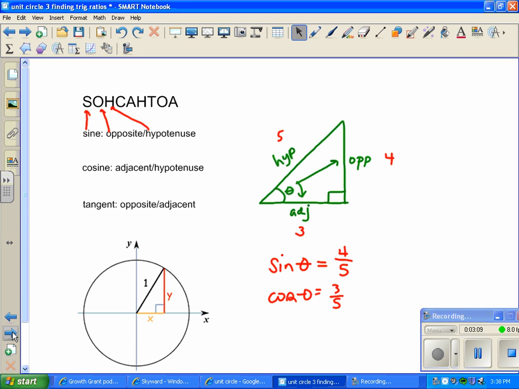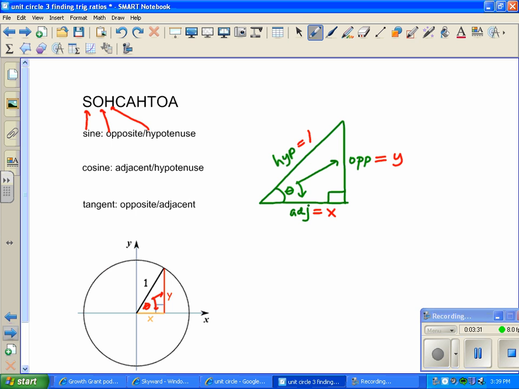Okay, now on the unit circle, our hypotenuse length is equal to 1. If I put theta down here, the opposite side length is going to equal y, and the adjacent is going to equal x.